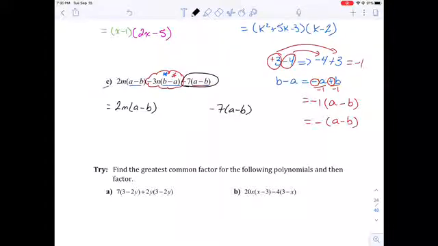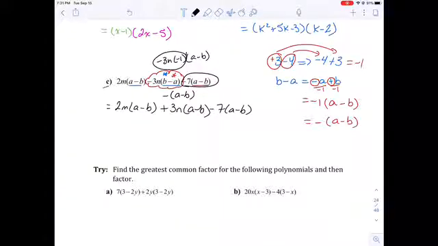I'm changing b minus a into a negative times a minus b. Well, this is multiply. This is like saying negative 3n times negative 1 times a minus b. So what happens to the negative 3n times negative 1? It becomes a positive. So we get a plus 3n times a minus b. So this is all the math behind this, okay?